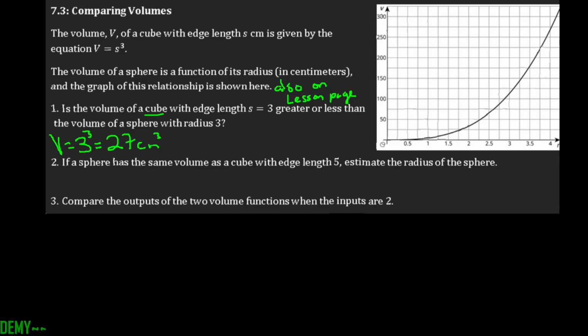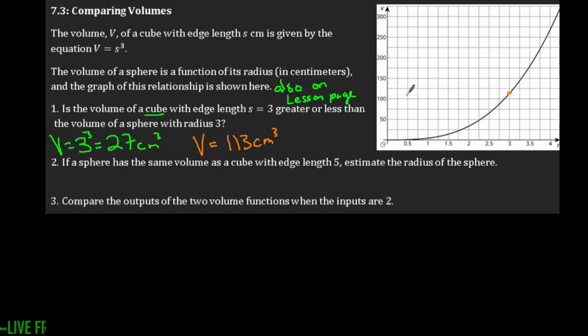And then for our volume of the sphere, let's do orange, let's find where that is. Find on your x-axis, again, we're looking at radius. When radius is 3, that's going to be about right here. And so the volume of that one is going to be about 113 centimeters cubed.